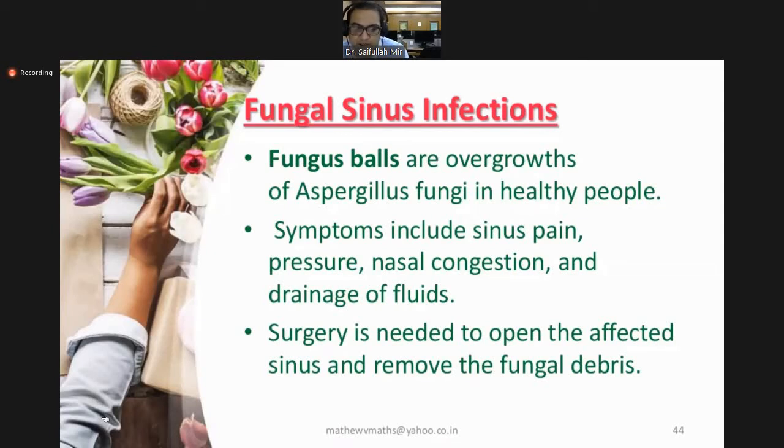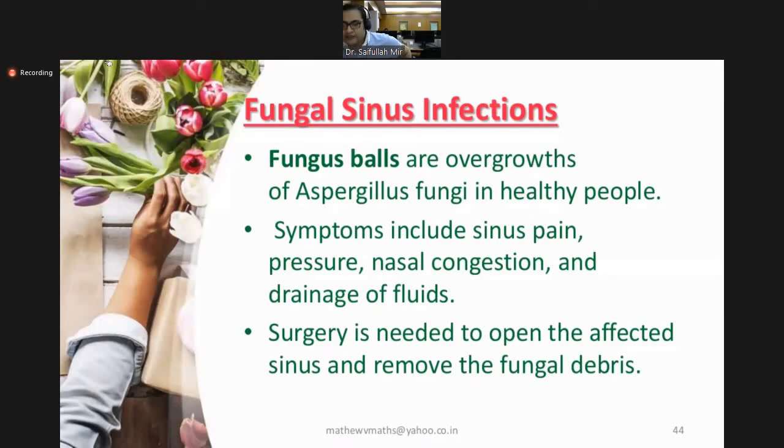Once they colonize your sinuses, they tend to cause an IgE-mediated reaction, which results in increasing sinusitis.